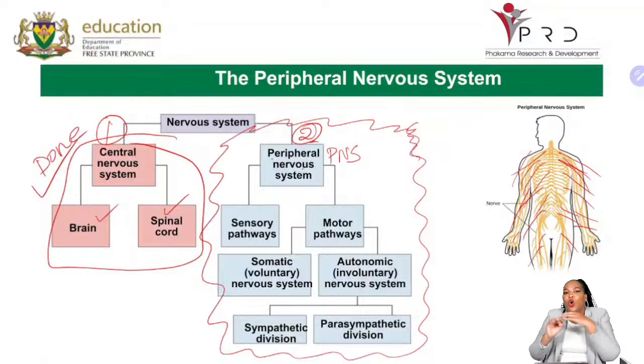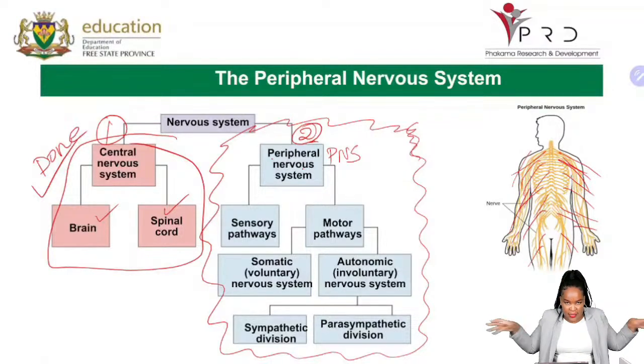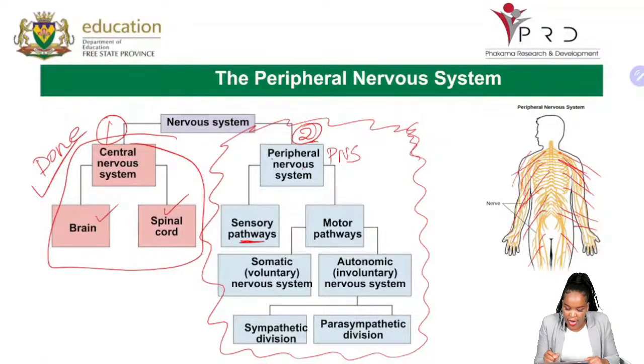So it goes to all parts of your body, but it is not centralized. Remember, the central one was the brain and the spinal cord. Now everything that is on the side going to the rest of the body is called the peripheral nervous system. Now the peripheral nervous system is divided into two. You have the sensory pathways and the motor pathways.